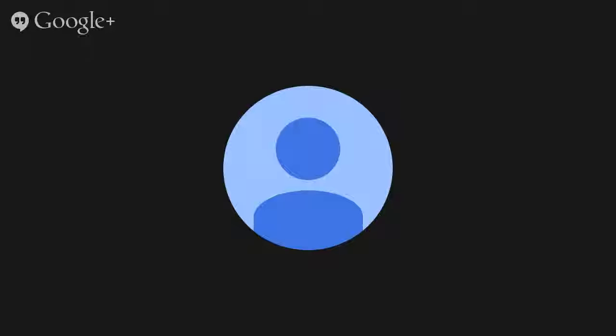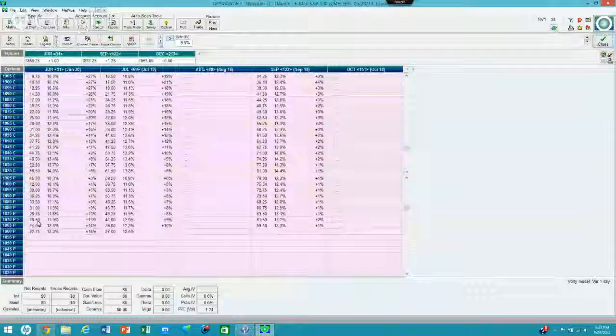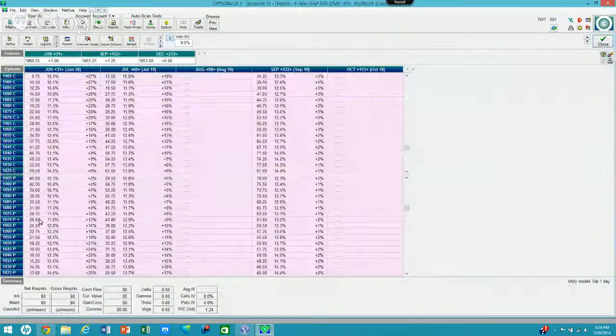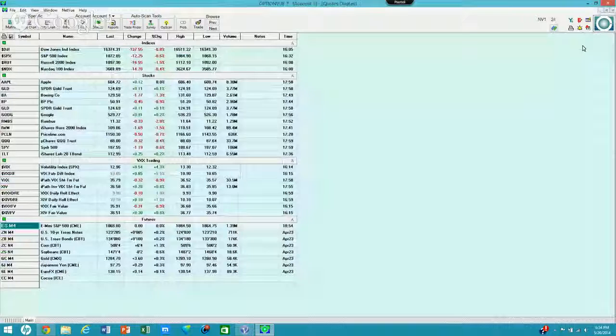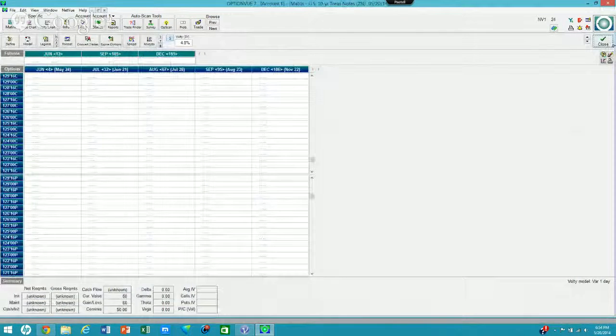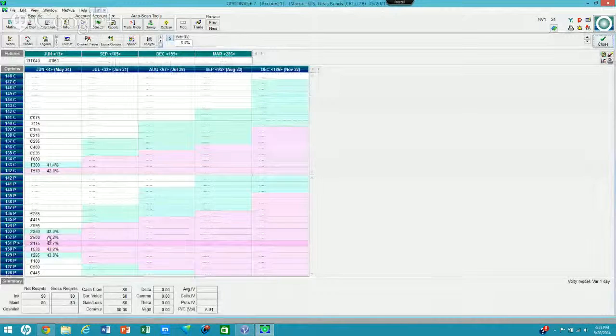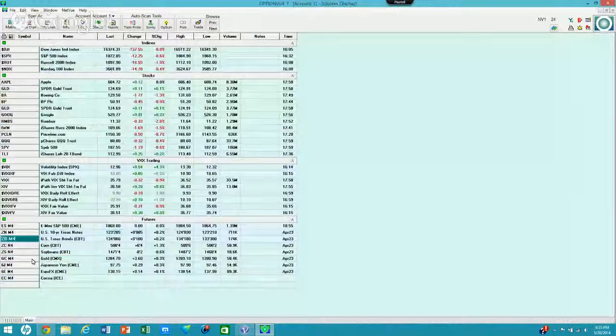Let's see. It's got the stuff for the E-mini. No, it doesn't have them. They're not pulling any data. Not all of it, that's for sure. They're a little slim on the data.